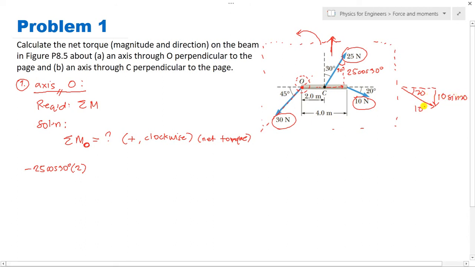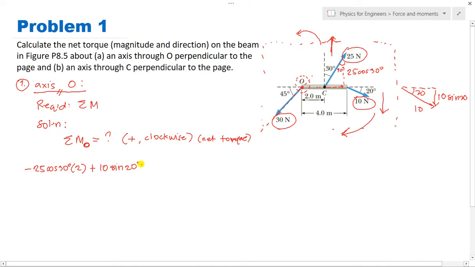The direction is clockwise relative to our axis at O, so it is positive: plus 10 sine 20.